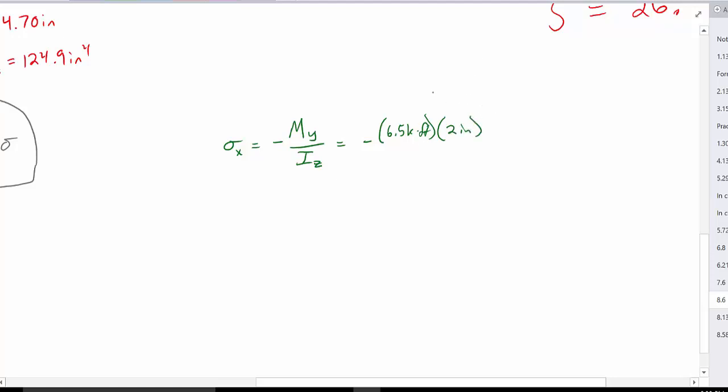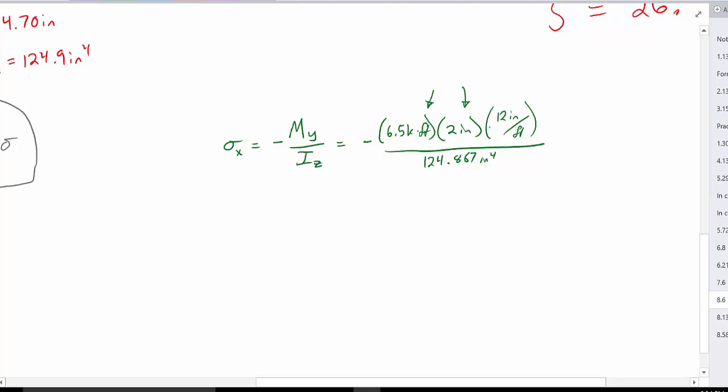But look at our units. This is in feet, this is in inches, so we need to do a conversion. Let's say 12 inches per foot, and divide this by our I value, which is 124.867 inches to the fourth.